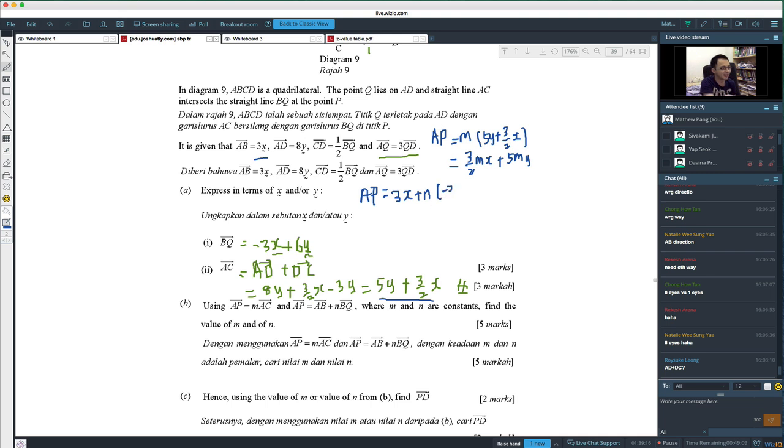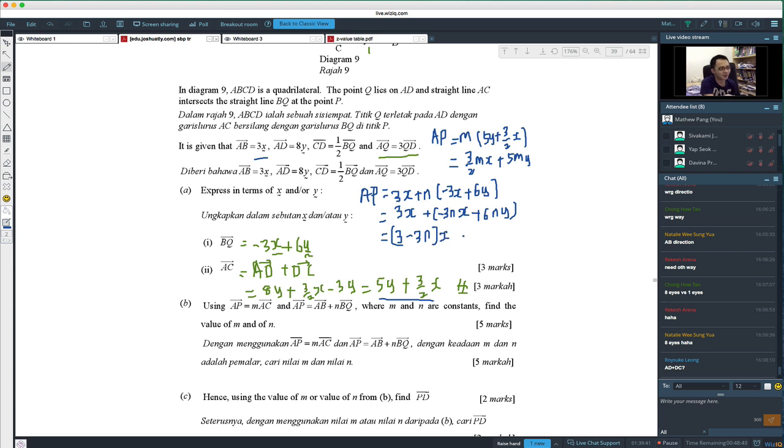I will rearrange it nicely, group the x together. But before that, I just multiply n into it first: minus negative 3 n x plus 6 n y. So I will group the x together. This one is 3 minus 3n x, and then plus 6n y.